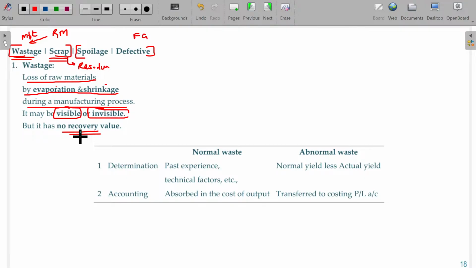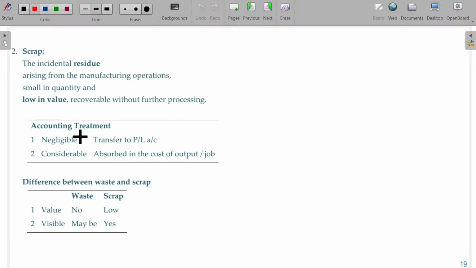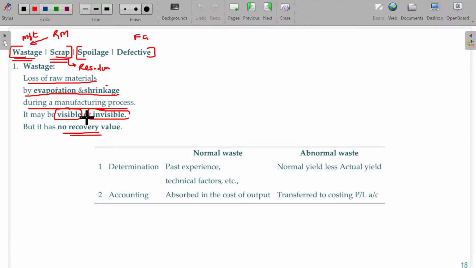Non-recoverable, then it's waste. Recoverable is scrap. Both are called raw material only. Scrap is incidental residue arising from the manufacturing operation, small in quantity, low in value. We don't process it further, we sell it as it is for a small amount. That's called scrap. Hope you'll now be able to understand the differences.